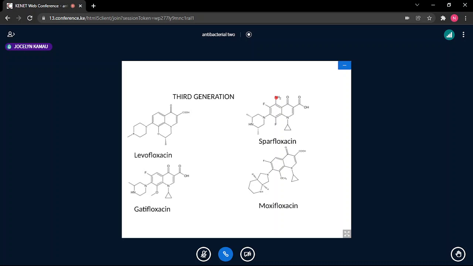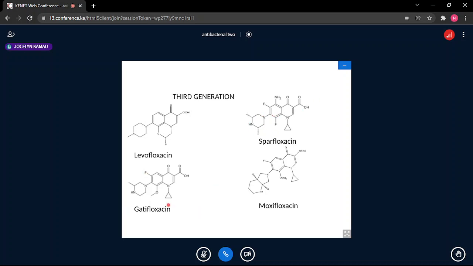Of the examples I have, it's only sparfloxacin that has a substituent at that position. Again, of a lot of importance is that we have our piperazine ring, but it has now been double substituted. It is substituted at two positions with a methyl group, and we will discuss the influence of those substitutions on the piperazine ring on the activity.